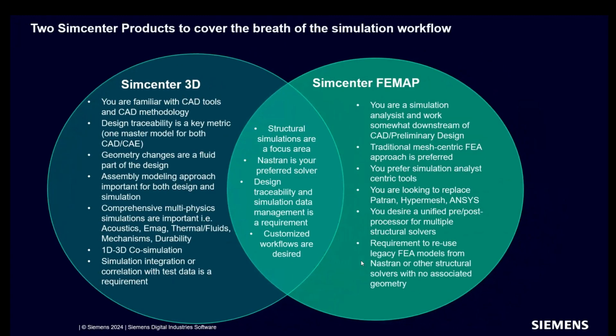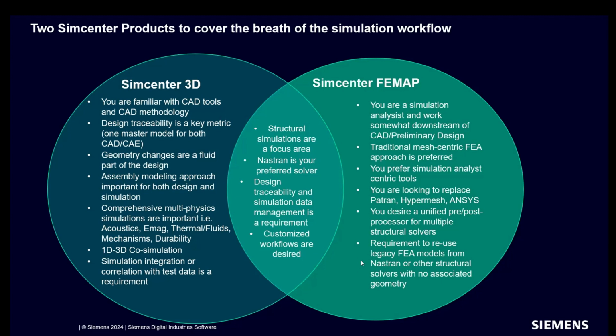If we start to look at where one might try to migrate to one tool versus the other, if you're familiar with CAD tools and CAD methodology, that is kind of the workflow that's inherent in Simcenter 3D. So that tool may work a little bit better for you. If you're looking for design traceability by having one master model that contains both your CAD and your CAE data in one model, that's the way Simcenter 3D works.